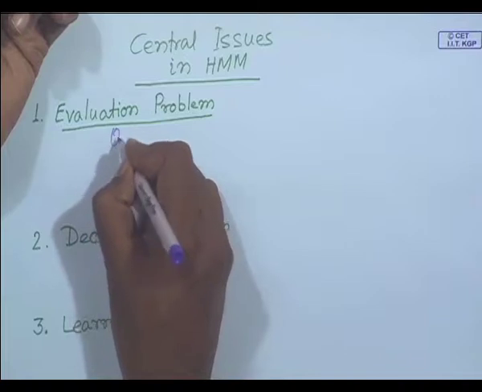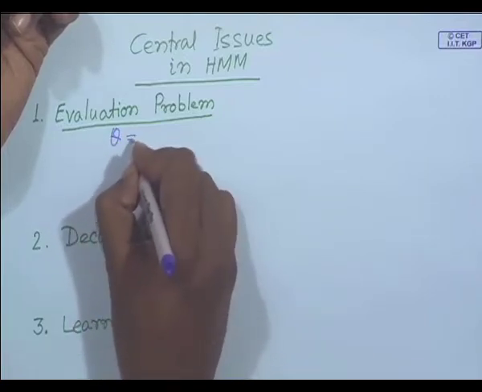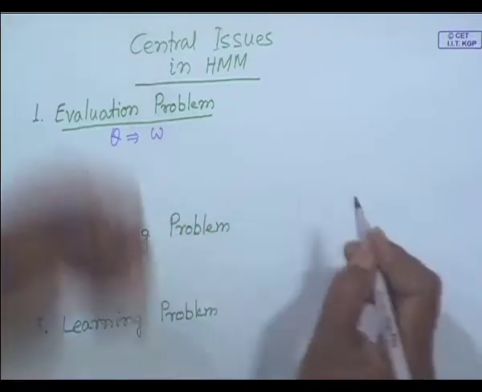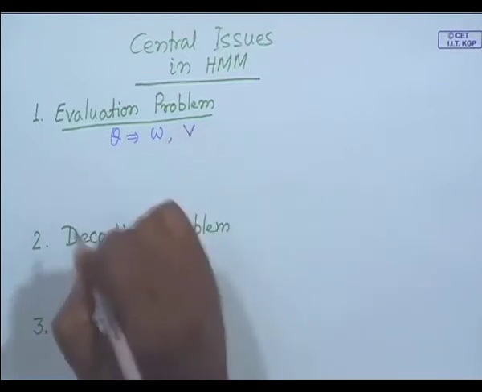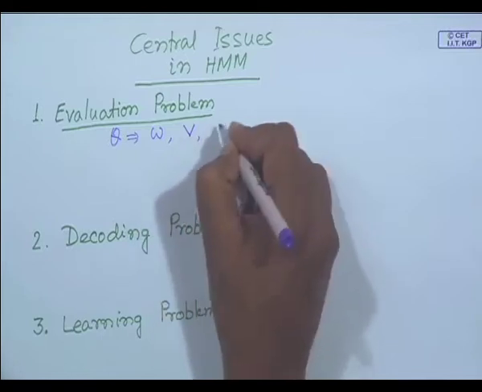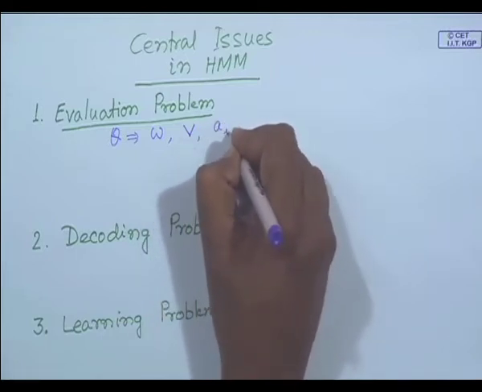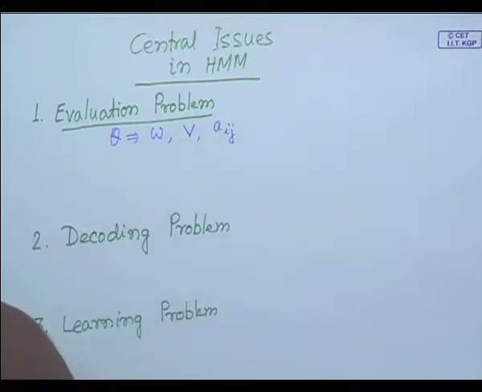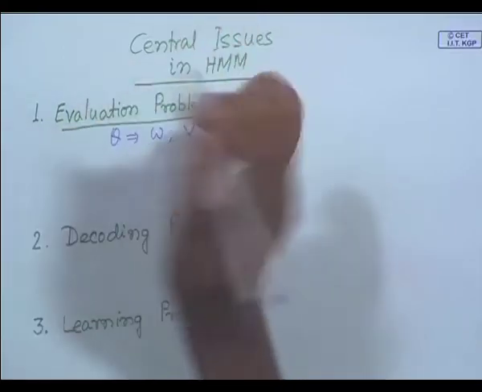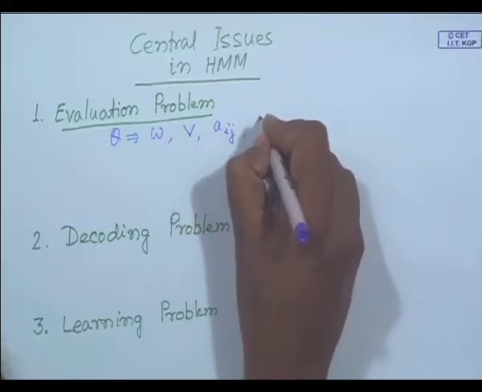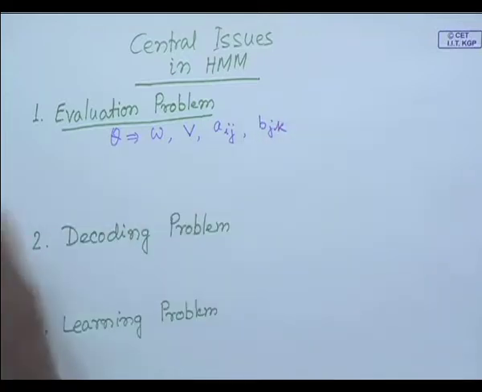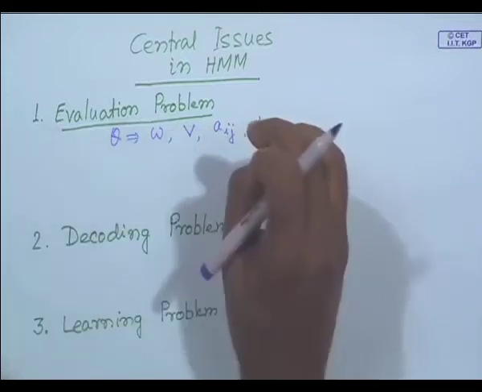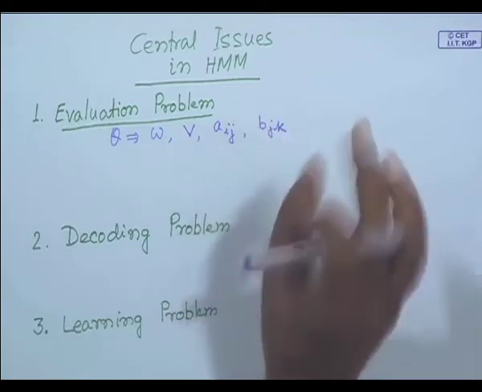So the model theta is specified by omega, the set of hidden states, V, the set of visible states, Aij for all values of i and j, which are the state transition probabilities, and Bjk, which are the visible symbol emission probabilities.